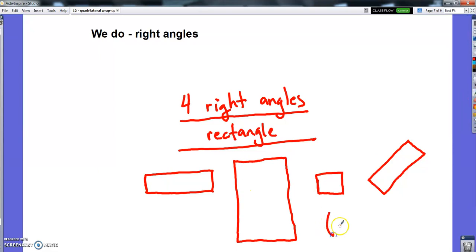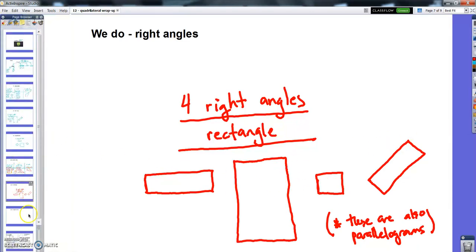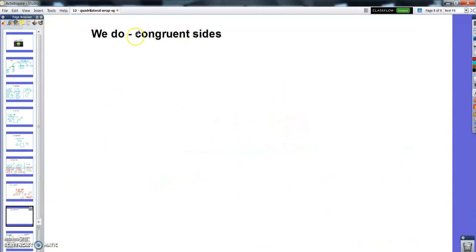So you might want to even put a little asterisk. These are also parallelograms. Just like a right triangle can also be a scalene triangle, a rectangle can also be a parallelogram. Just 2 different names. Depends on how I'm classifying it.